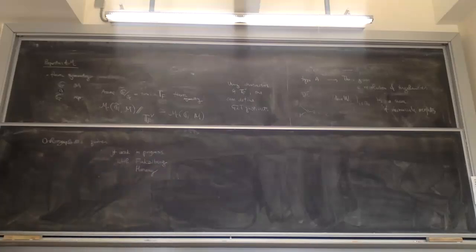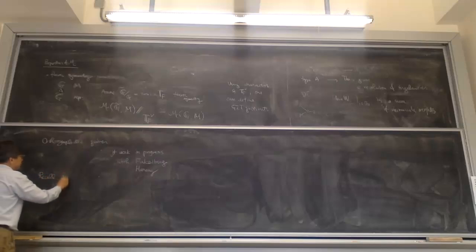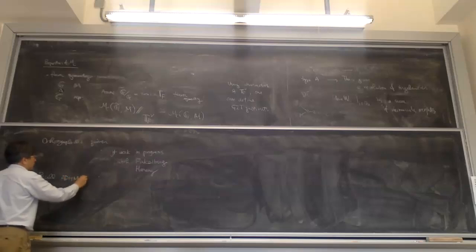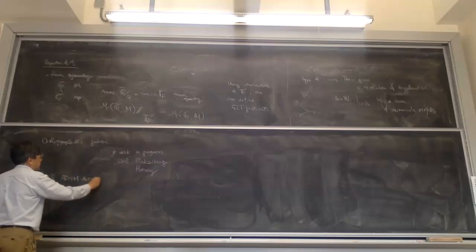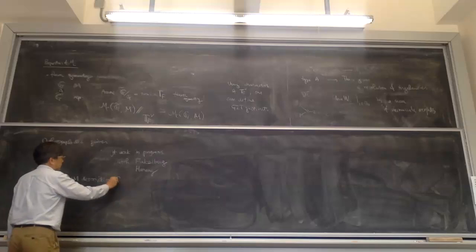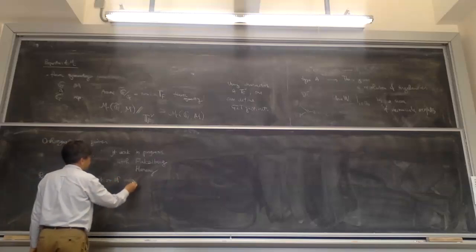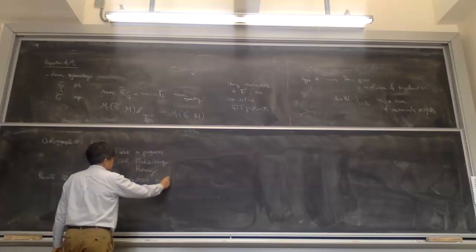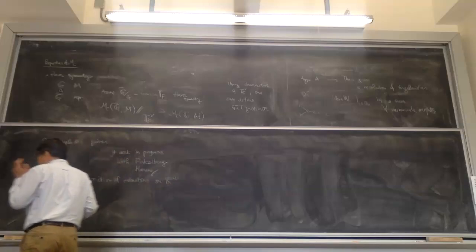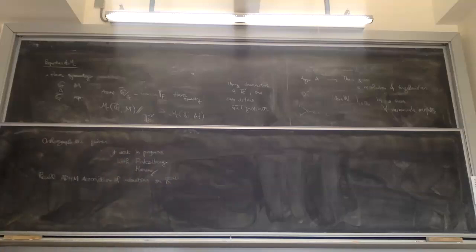In order to motivate the definition of orthosymplectic, I start with the ADHM description of instantons on R^4. Or maybe you can consider this as a special case of the Jordan quiver. You have one vertex and one loop.